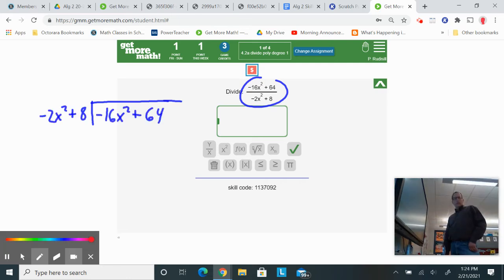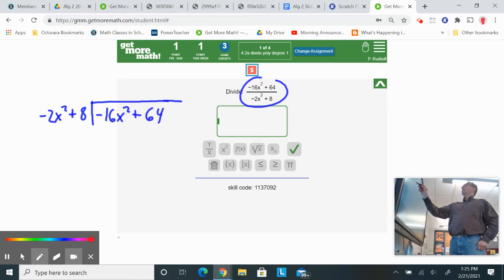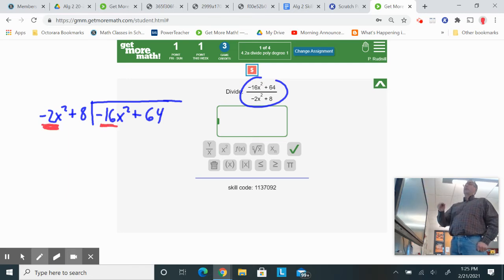All right, so we took the numerator, -16x squared plus 64, put that inside as a dividend, and we're dividing it by -2x squared plus 8. So I'm going to focus on this here, the coefficient -2 in front of the x squared and the -16. -2 goes into -16 -8 times.